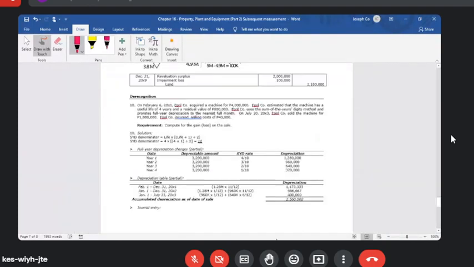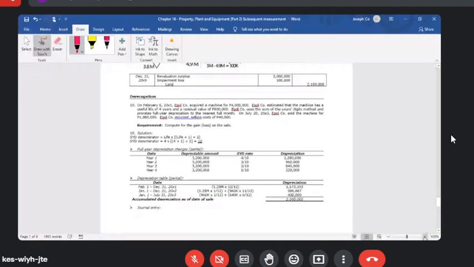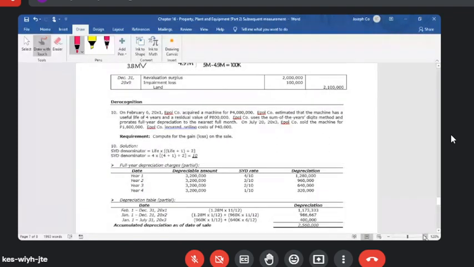Okay na siya. Pa-zoom in po ng onte. Palakihan lang po. Okay na po sir. Thank you po.